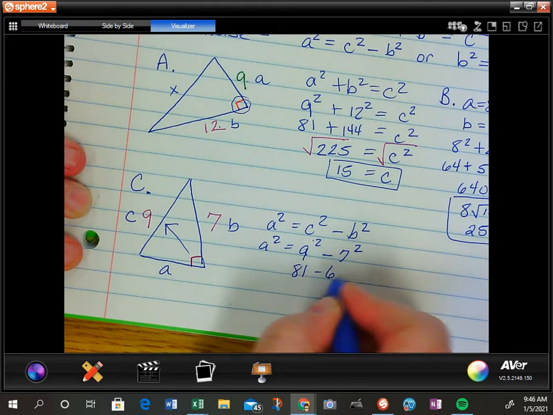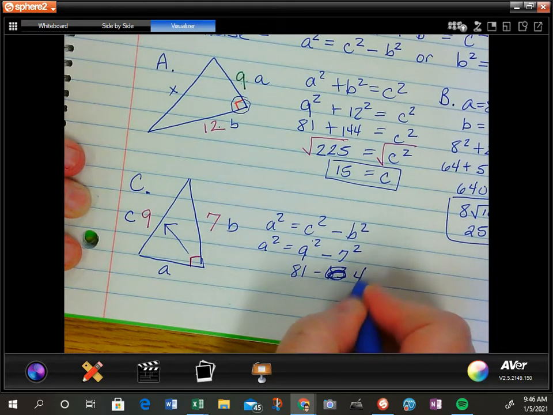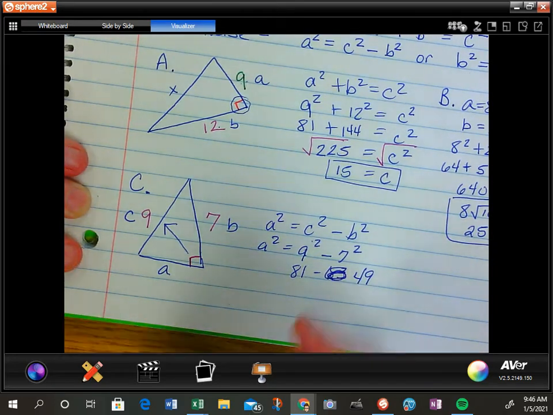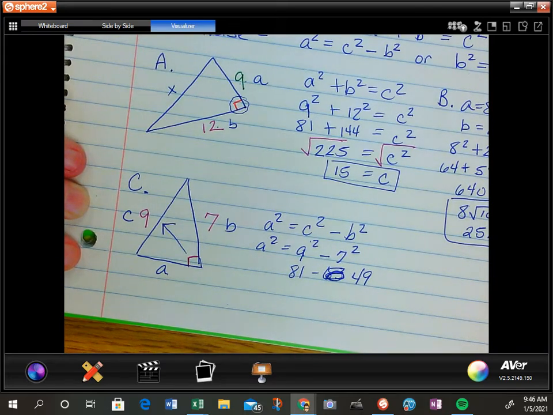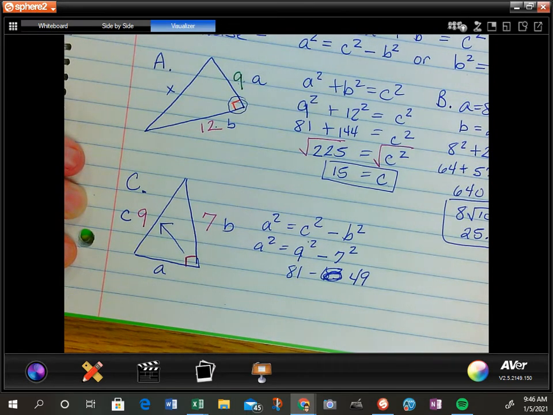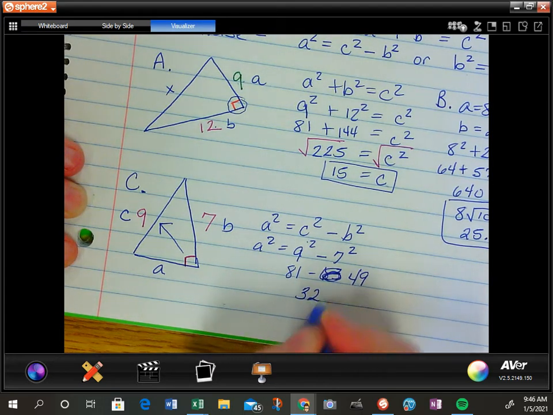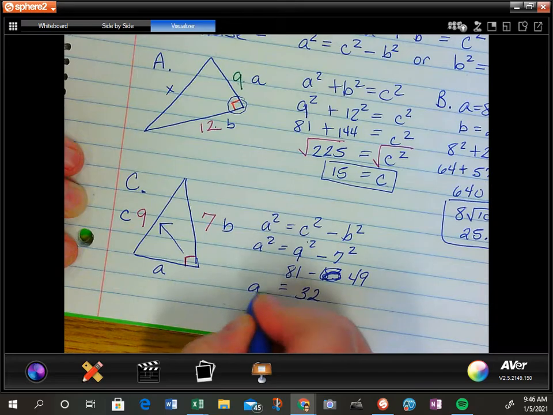So I'm going to do A squared equal to 9 squared minus 7 squared. 81 minus 49. 81 minus 49 is 32. Equals A squared.